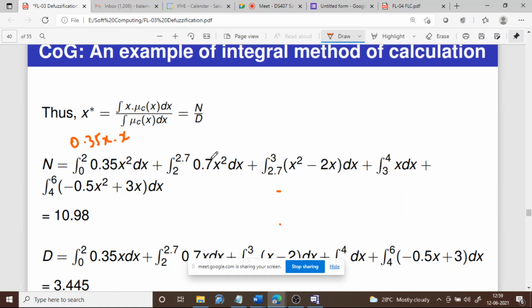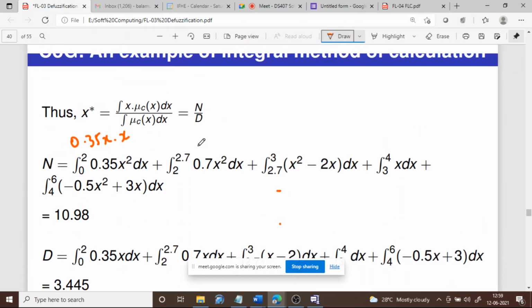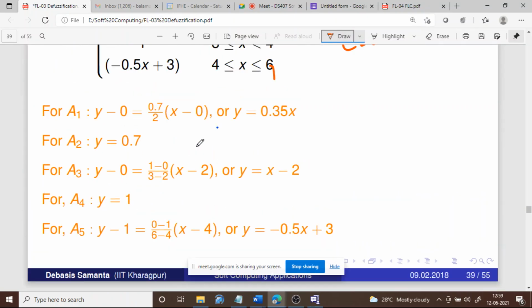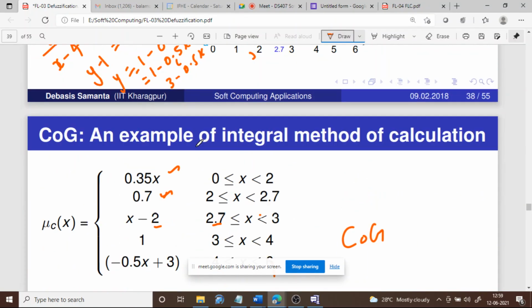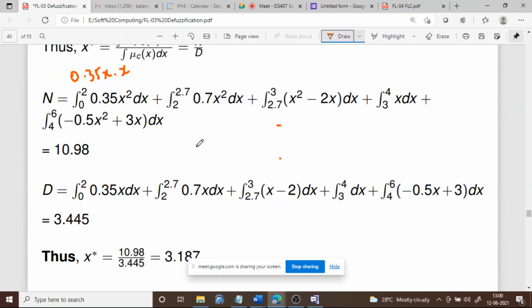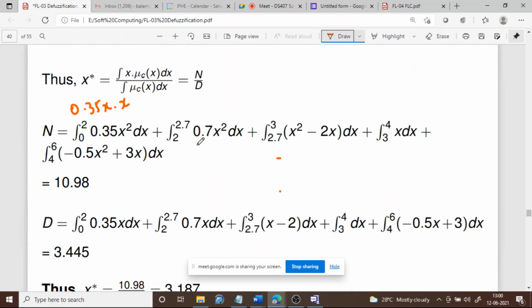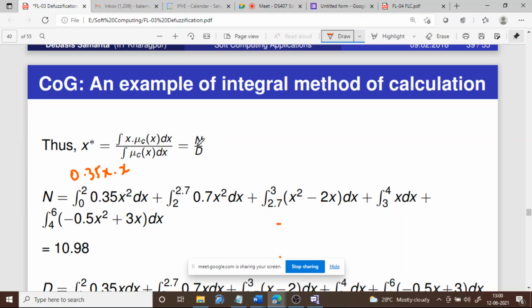Similarly, the next one is 0.7 into x. I don't think the x squared is there here.